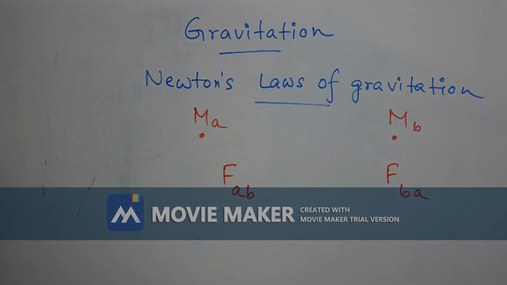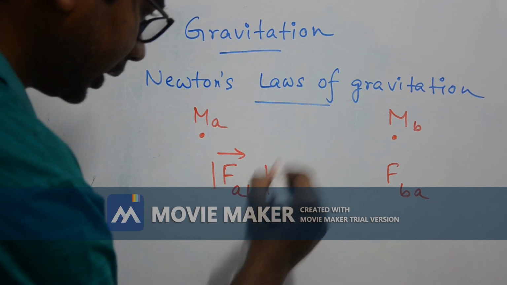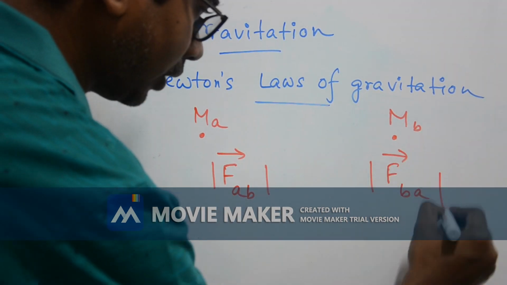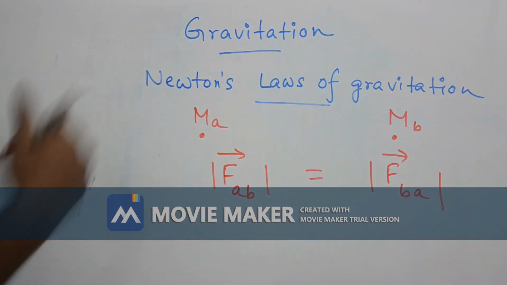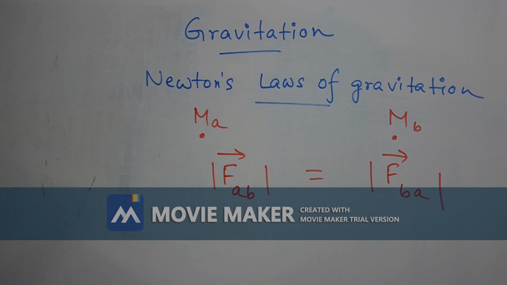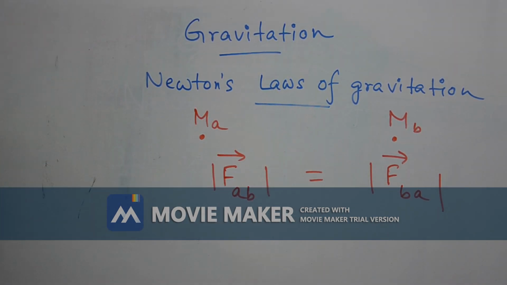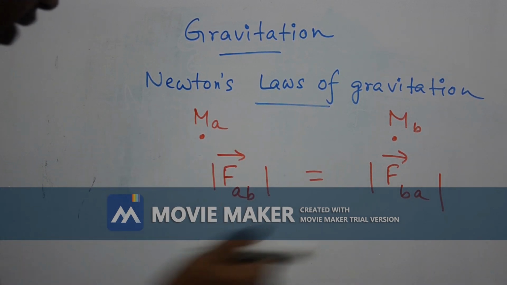Newton's laws of gravitation say that these two forces, first of all, are equal in magnitude, because it's again Newton's third law of motion, which says that each and every action has an equal and opposite reaction. Then comes the magnitude.